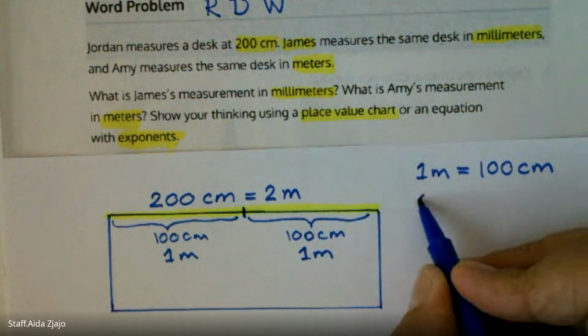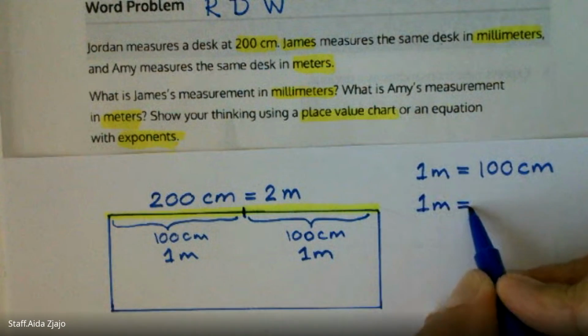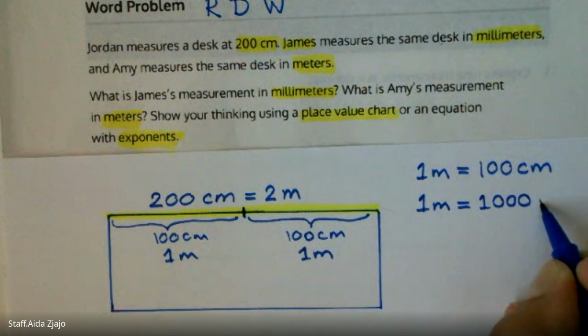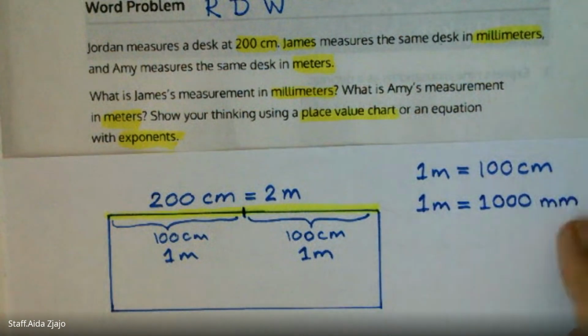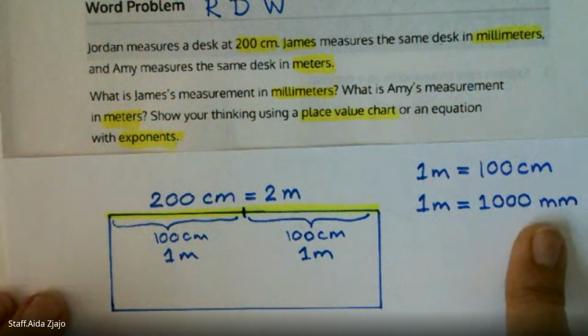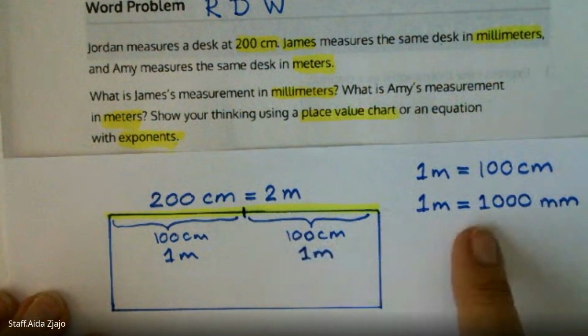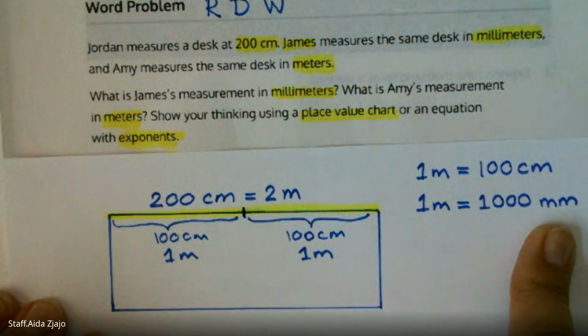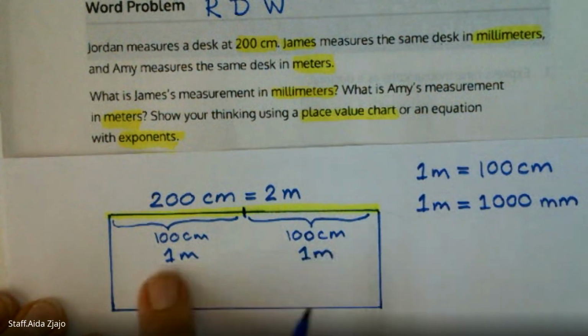So 1 meter is equal to 1,000 millimeters. Millimeters are the smallest unit of measurement in the metric system. So if 1 meter is 1,000 millimeters, how much are 2 meters?